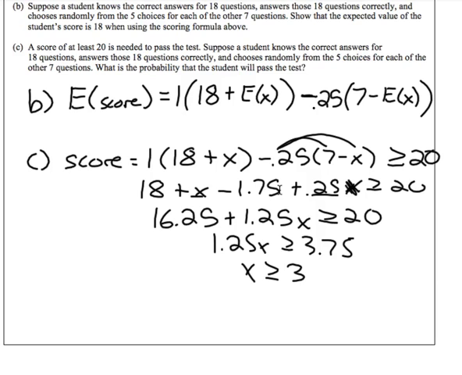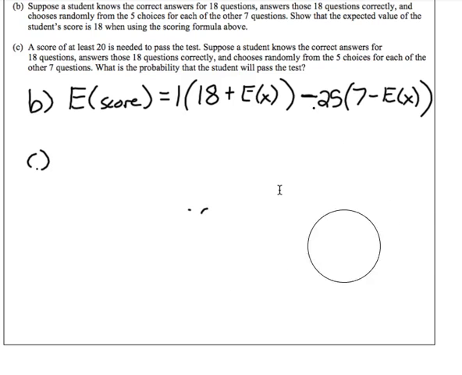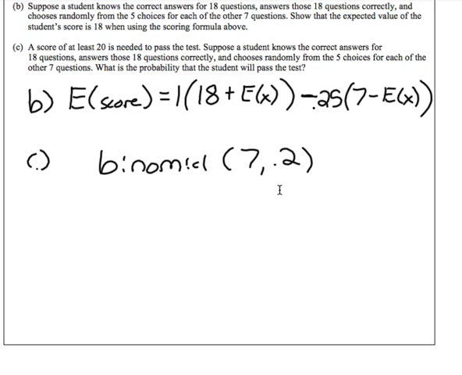Well, again, we know that x is binomial, right? We set x up to be binomial like this. So if we need to get at least 3 right, again, we can use binom CDF to figure that out, right?